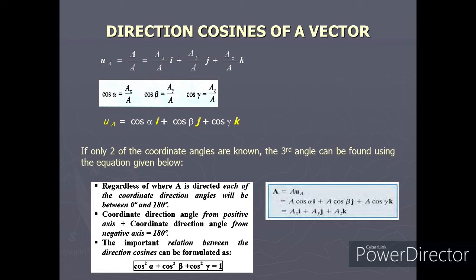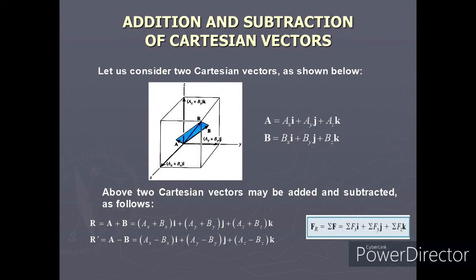Using this one. And then here also, we can find the Cartesian vector form using the unit vector, either using the coordinate direction angles or using the scalar components. It depends on what is given from the problem, what is available.